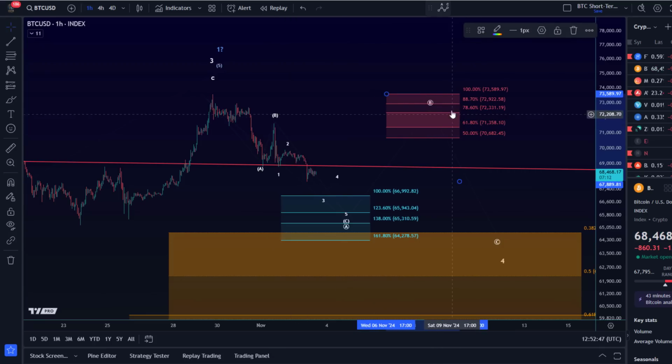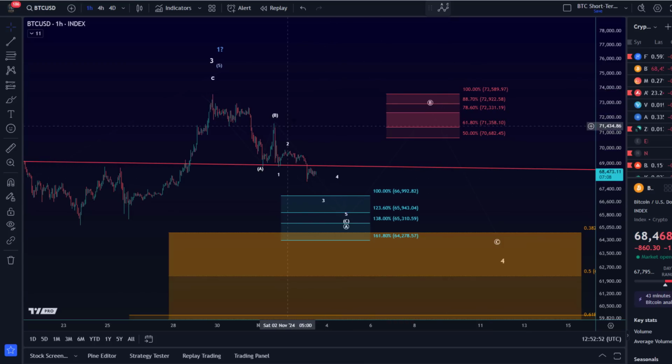But this resistance area will need to be adjusted with the price if we go a little bit lower, which at this stage would be expected. But we'll see. There's a little bit of follow through after Friday's drop, but nothing major yet. So if we reach this support area, I would watch for a possible reaction.